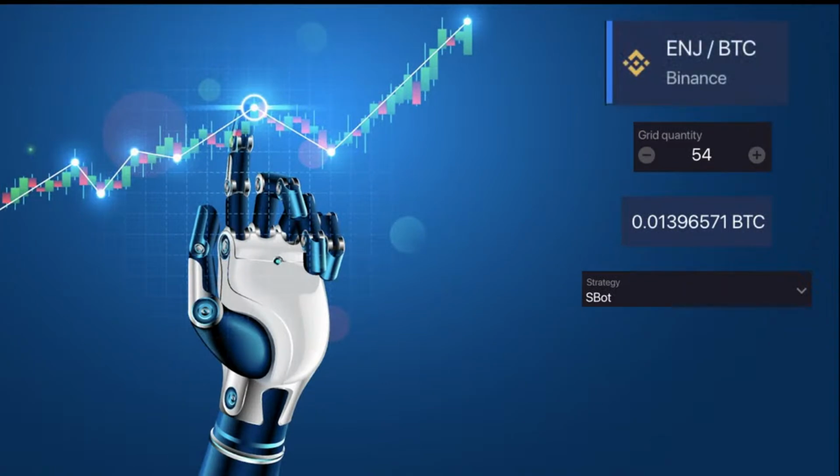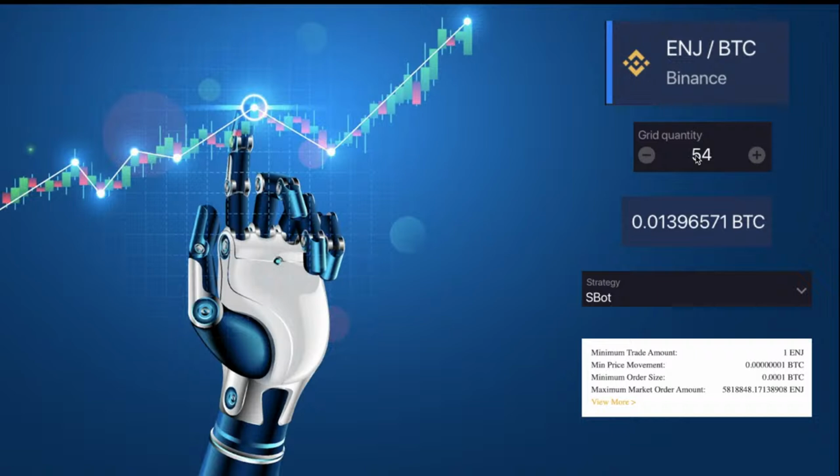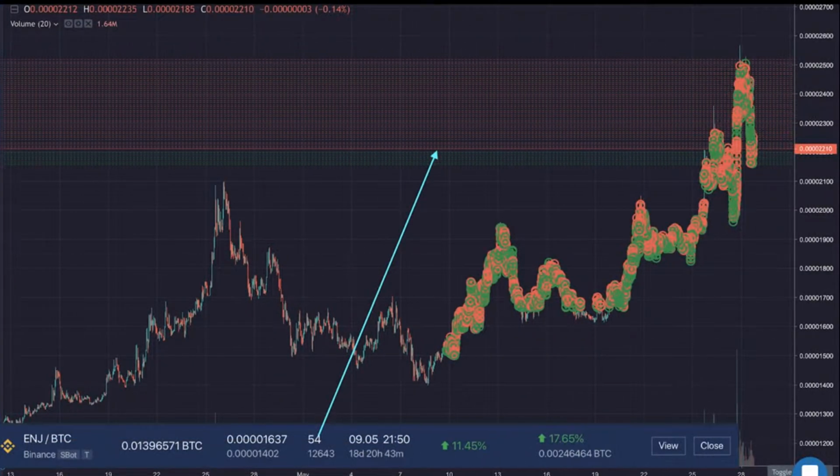For example, NG trading to BTC, I had 54 grid levels in total. With that amount of investment in BTC, I used the SBOT strategy, and I also took into account the minimum requirements from Binance.